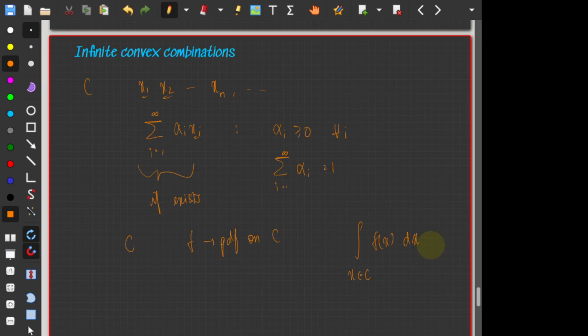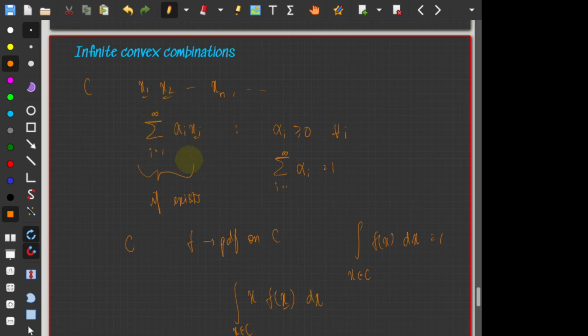What will this be? Yeah, it's 1, right? It's a probability density function on C. What is the integral over x in C of x times f of x? Yeah, it's an expectation, but it's also a convex combination, right?